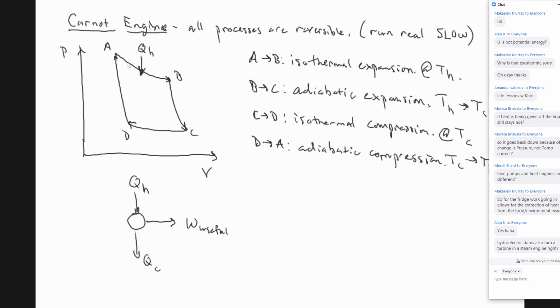Think of your vehicle or your car or any building. It always has some type of exhaust. That's what QC is. So the equations associated with this is work done by the engine is equal to Q hot minus Q cold.